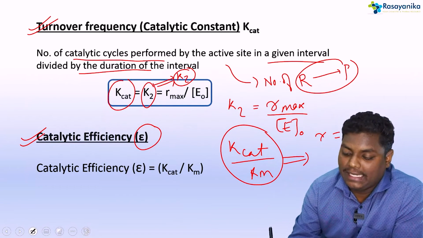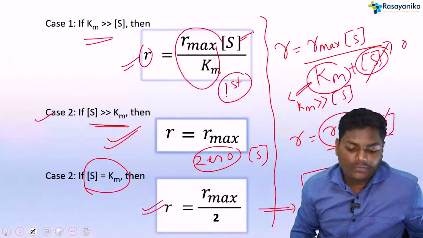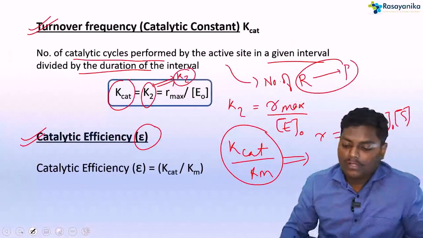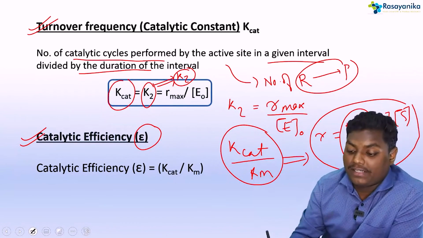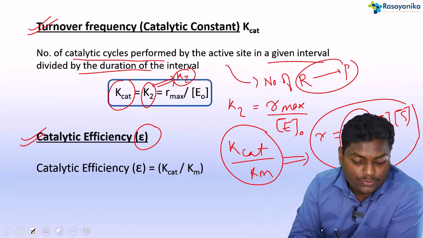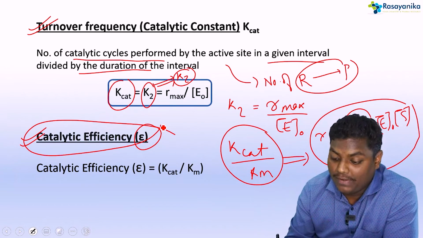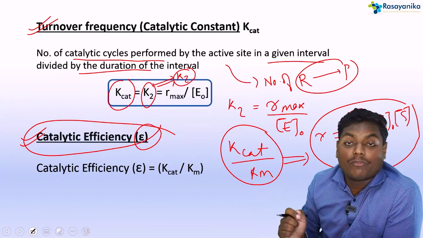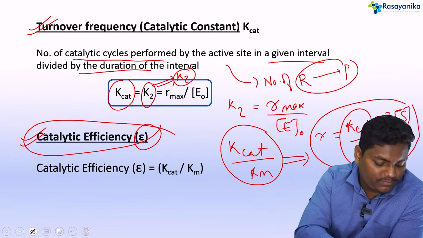We are left with Kcat by Km, times E naught into S. So this is the effective rate constant. Since this is the effective rate constant at the lowest point, the catalytic efficiency talks about the kinetics of the enzyme at very low concentration of the substrate. This means how well an enzyme is performing even at a concentration where the substrate is very low.